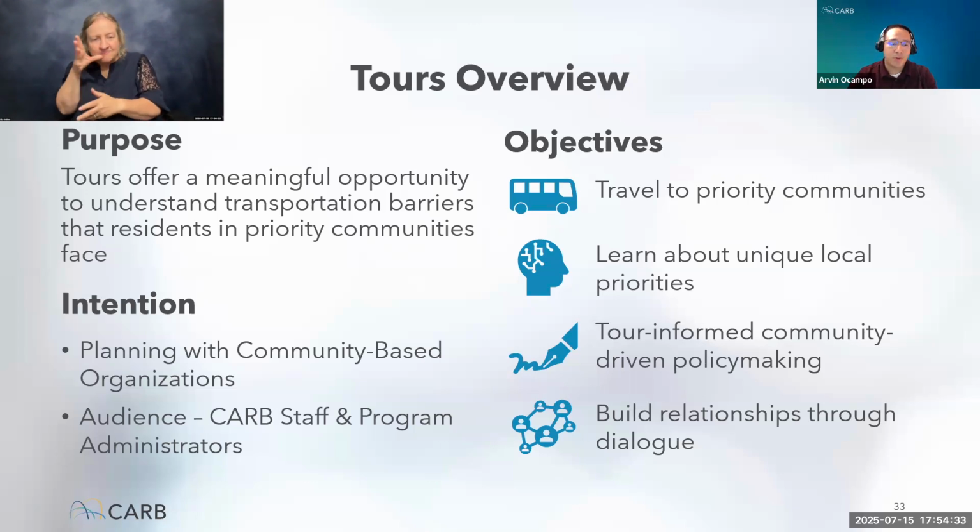The tours also inform the annual funding plan process by incorporating direct community input into program and project development and policymaking for how clean transportation investment funds are spent. And 4, lastly, the tours aim to facilitate trust and strengthen relationships through meaningful dialogue between community-based groups, local leaders, and invited partner organizations. Next slide, please.